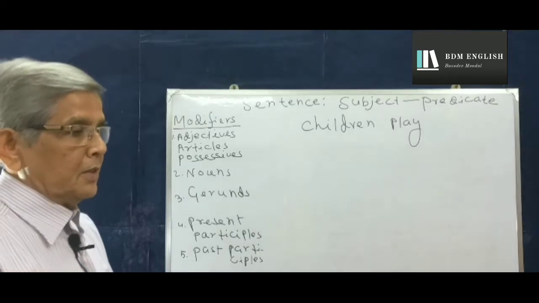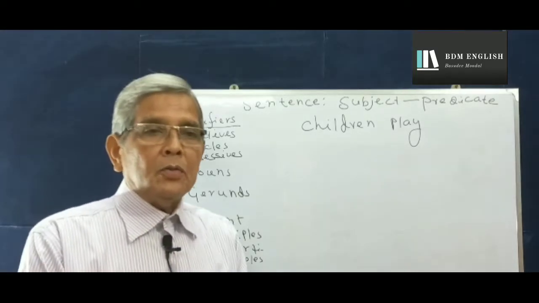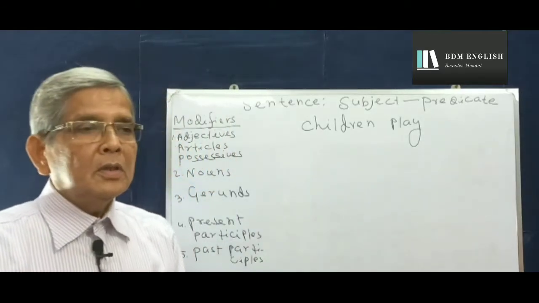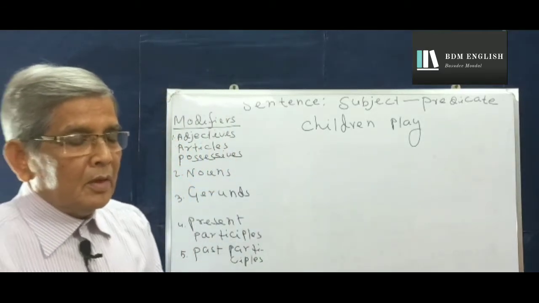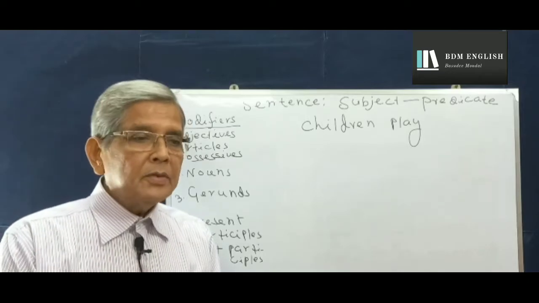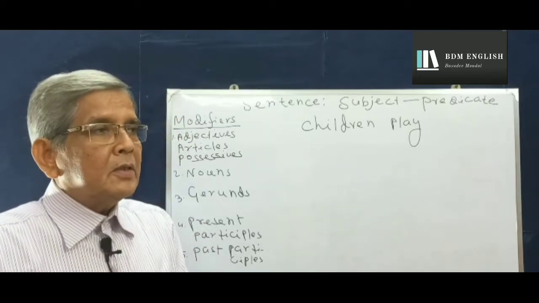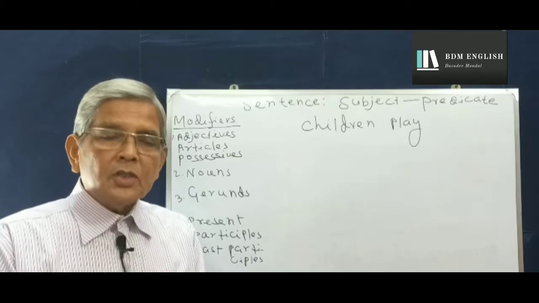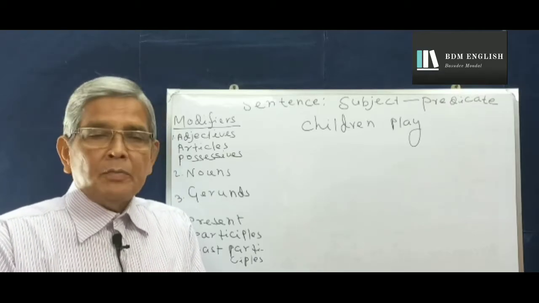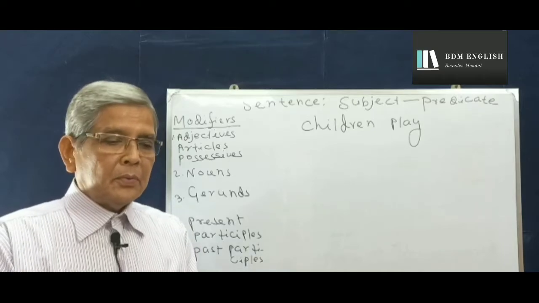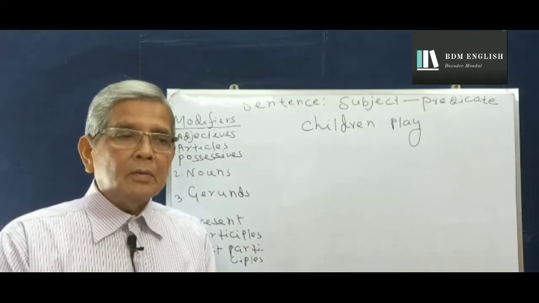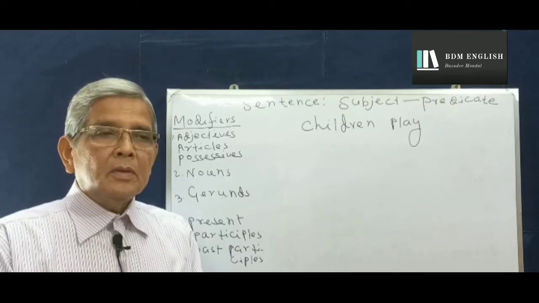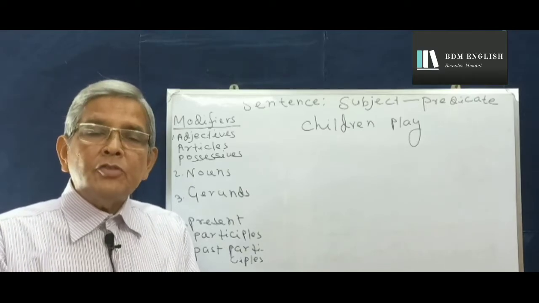When we speak, that is, we say something about a person, an animal, a plant, an inanimate object, or anything else. Henceforth in the series, we will refer to a human being as a person and to an animal, a plant, an object, or anything else as thing.